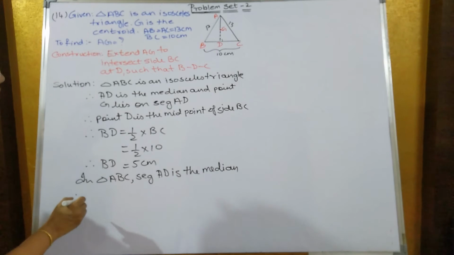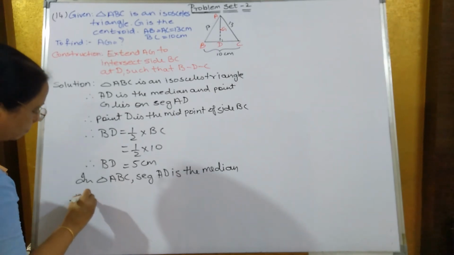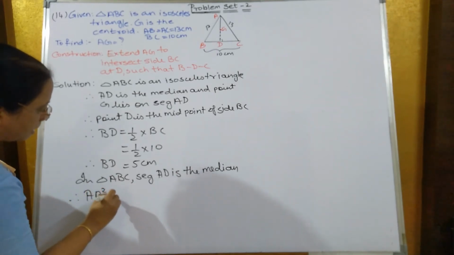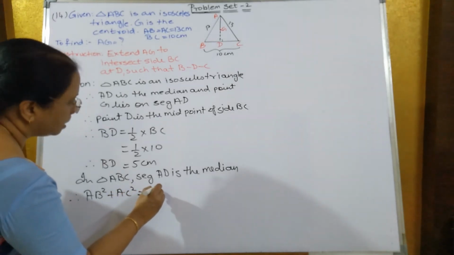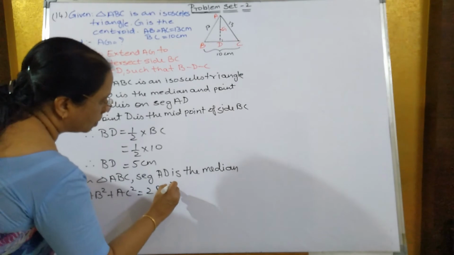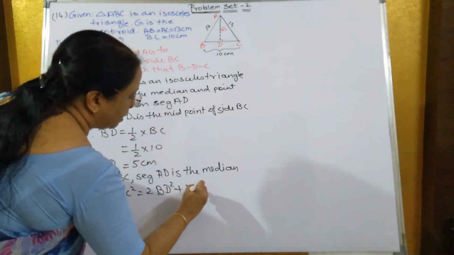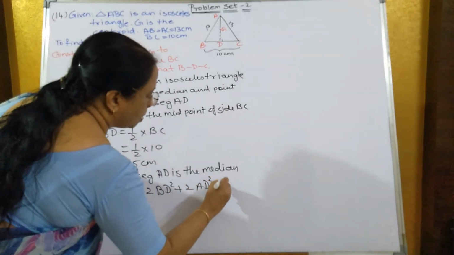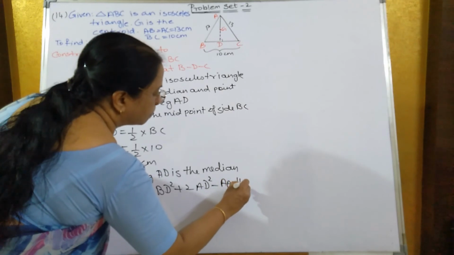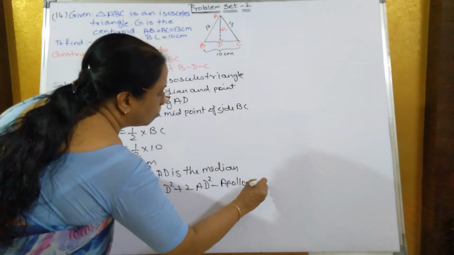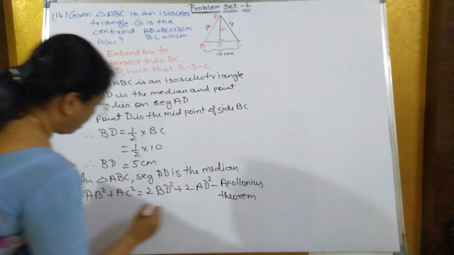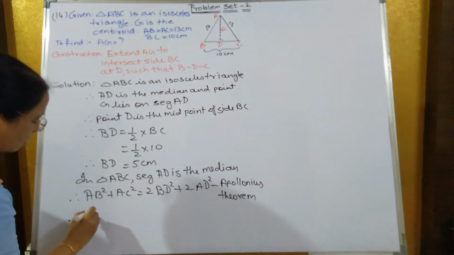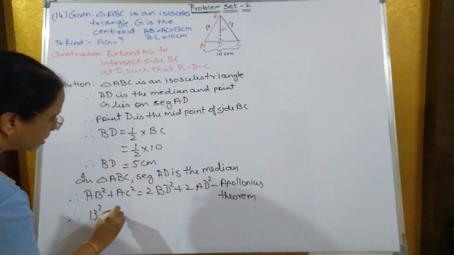Therefore, by Apollonius theorem, AB square plus AC square is equal to twice BD square plus twice AD square by Apollonius theorem. Now what is AB equal to? AB is equal to 13 square, and AC is also 13.